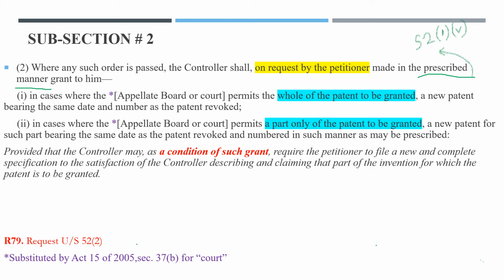Fine. Okay, so what does the clause 1 say? The clause 1 says, in cases where the Appellate Board or court permits the whole of the patent to be granted, a new patent bearing the same date and number as the patent revoked.